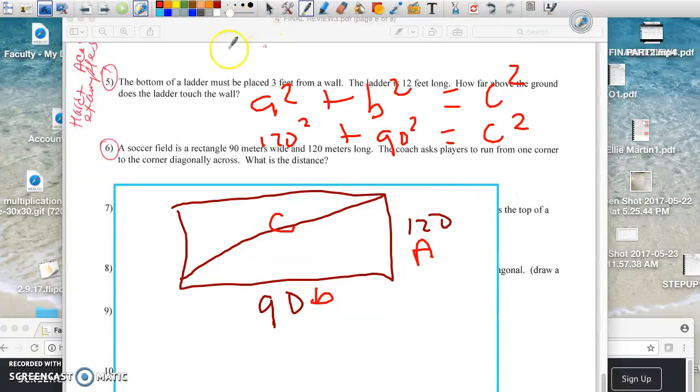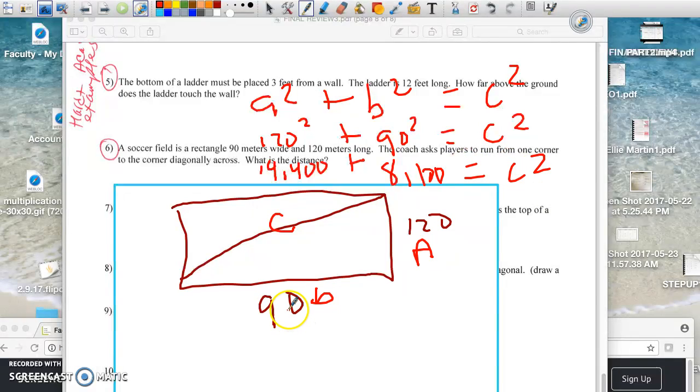Okay, now 120 squared, 14,400. Plus 90 squared, 8,100.